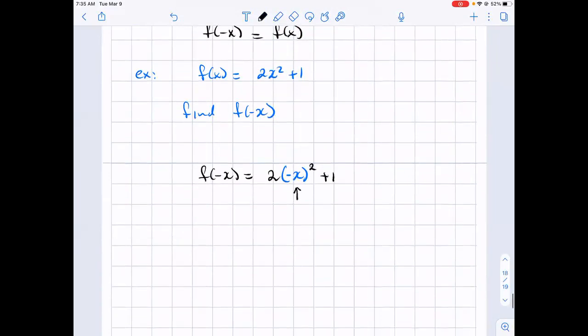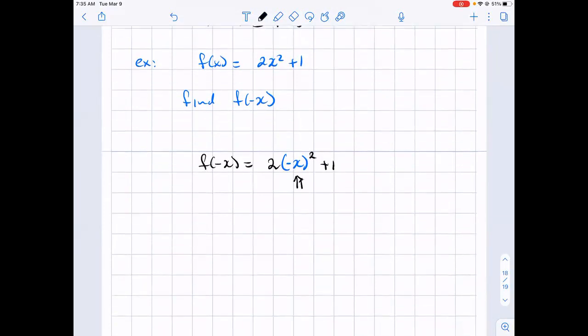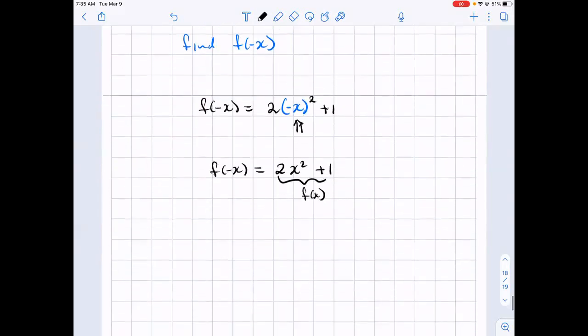And if we square a negative, this becomes 2x squared plus 1. So notice that f of minus x is f of x. So this is an even function.